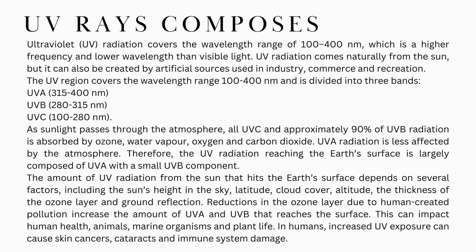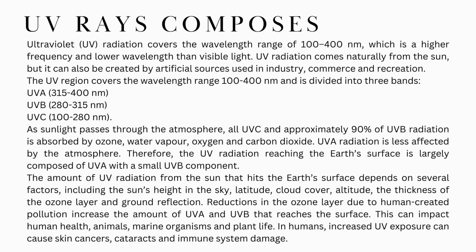Ultraviolet radiation covers the wavelength range of 100 to 400 nm, which is a higher frequency and shorter wavelength than visible light. UV radiation comes naturally from the sun, but it can also be created by artificial sources used in industry, commerce, and recreation.